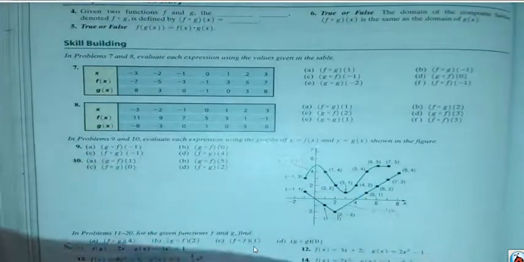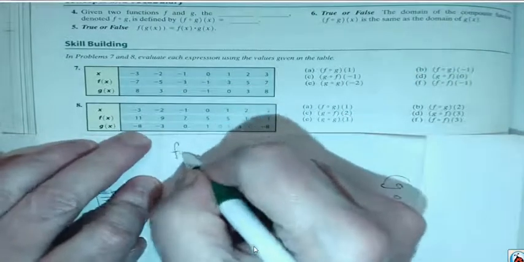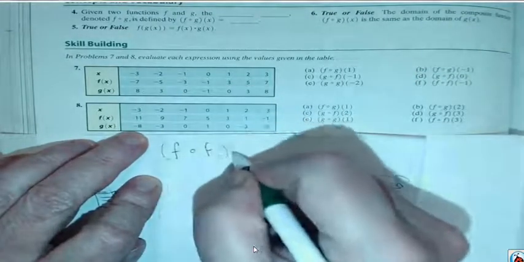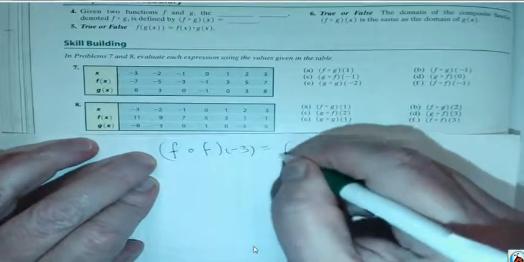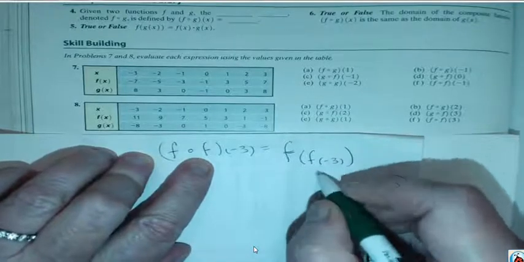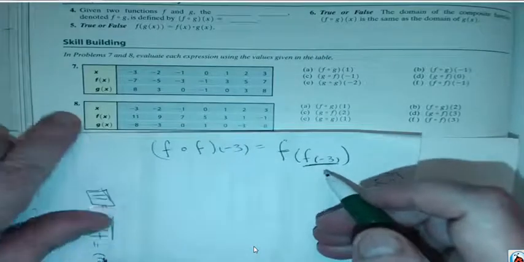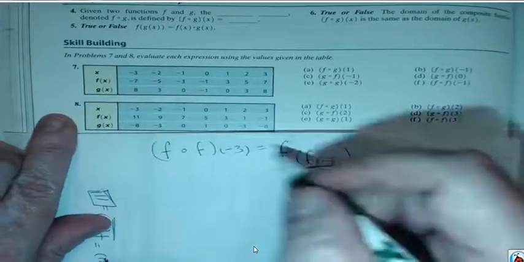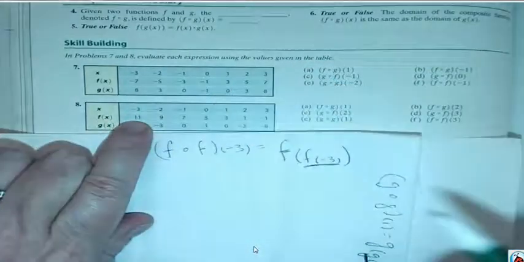What if we tried to do something like that? Well, it's the first one evaluated at the second one evaluated at negative 3. According to the chart, what is f evaluated at negative 3? If x is negative 3, then f evaluated at negative 3 is equal to 11.